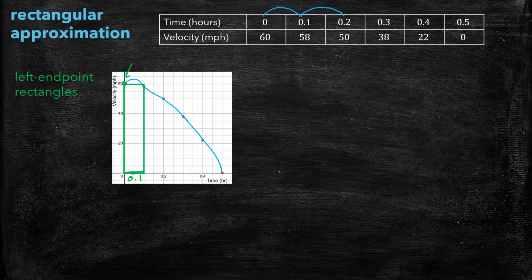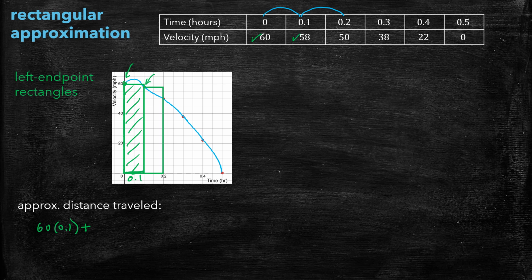So we can work out the area of this rectangle, and that will help us to begin finding the approximate distance traveled. So the area would be 60 times 0.1. And then let's look at the next rectangle. What is the height of that rectangle, upper left-hand endpoint?